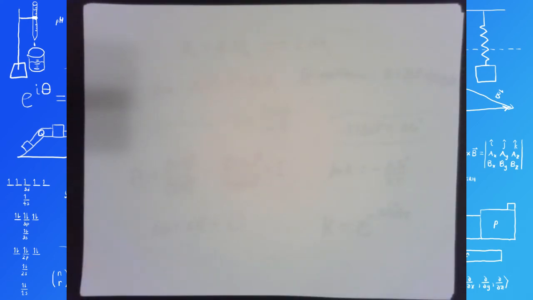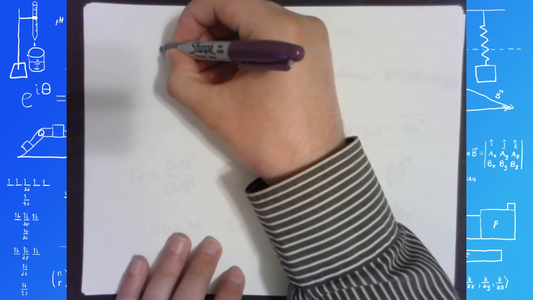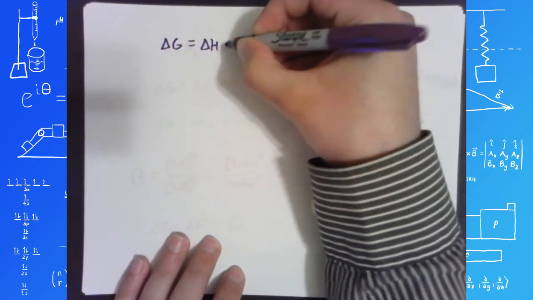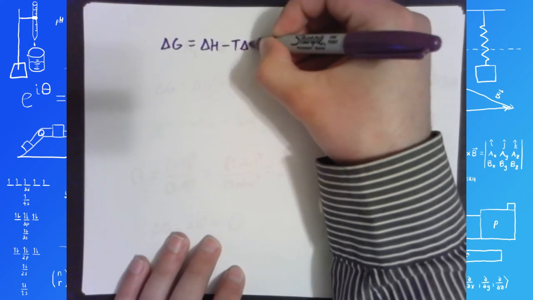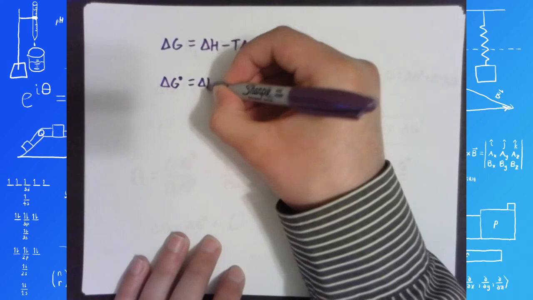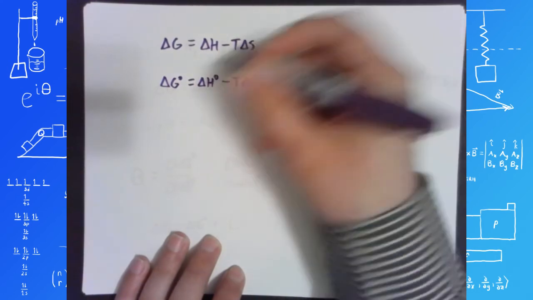You're going to get 4 different types of reactions. Delta G equals delta H minus T delta S, or under standard conditions, delta G standard equals delta H standard minus T delta S standard.